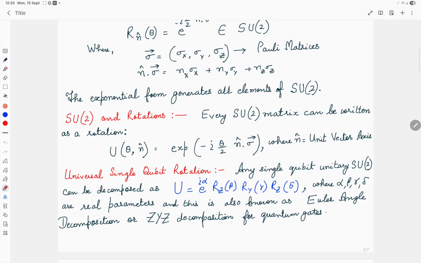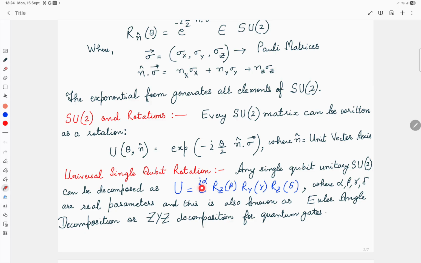This theorem basically states that universal single qubit rotation, meaning any single qubit unitary in SU2, a single qubit unitary will have dimensions 2 cross 2, can be decomposed. Now this U can be decomposed as e to the power iota alpha, which is the global phase.